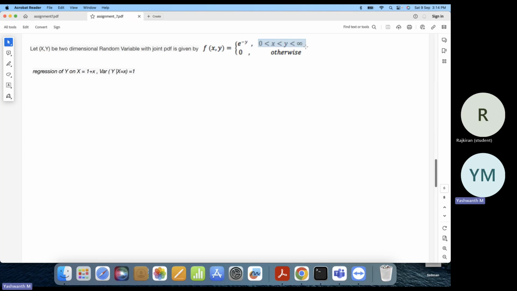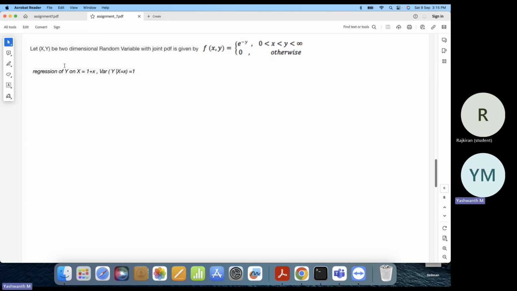It depends on the values of x as well, because it is defined in this region. If you take the right half of the plane, the desired region is above the 45 degrees, right? Only in that region it is defined as e to the power minus 1. In that sense, it is a function of x.